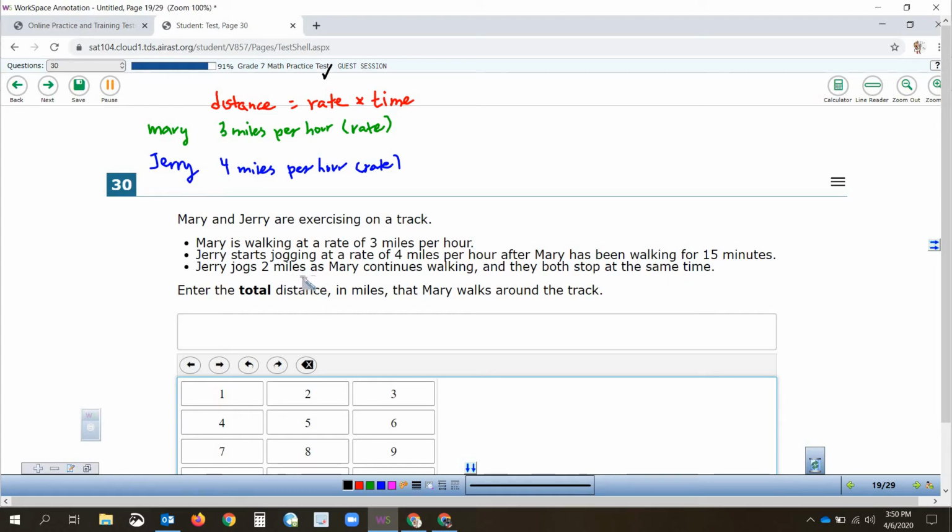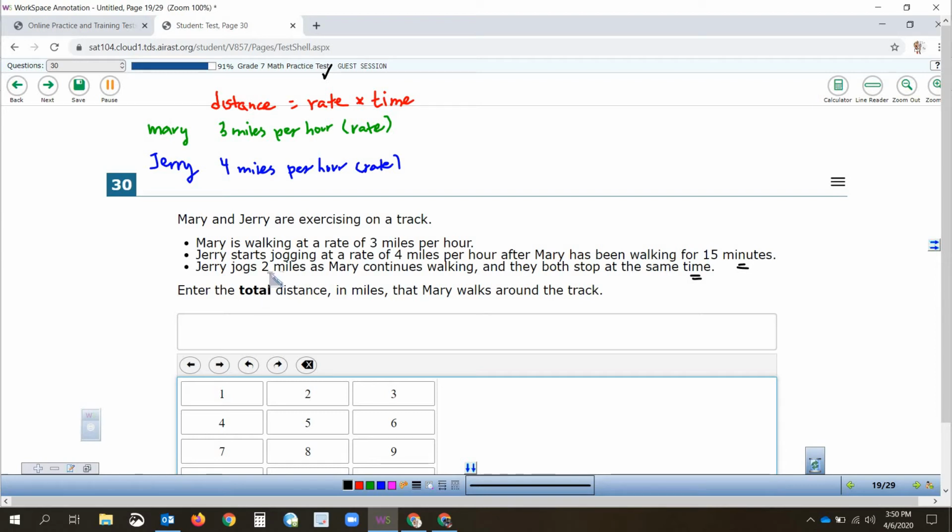And then it says Jerry jogs 2 miles as Mary continues walking, and they both stop at the same time. So darn, they told us how long Jerry waited after Mary started, and they told us that they stopped at the same time, but they didn't tell us how long either one of them went. Can we figure it out?